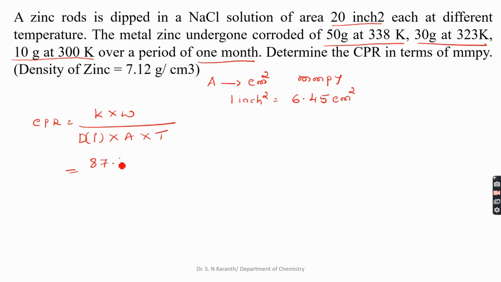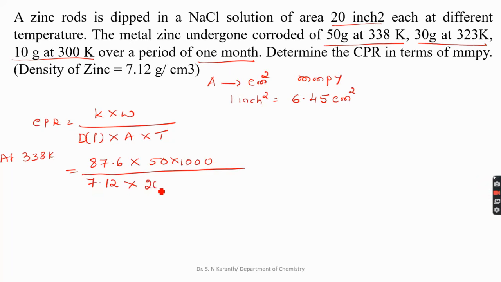So it is 87.6 into the W, the weight loss at a particular temperature. At 338 Kelvin it is 50 gram. That should be multiplied by 1000, to convert into milligram. The density is 7.12 multiplied by the area.